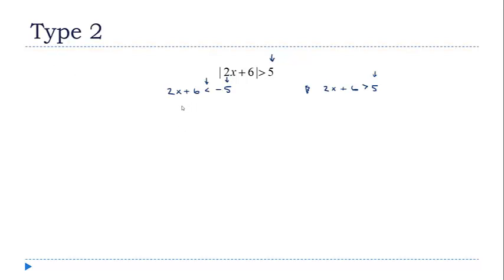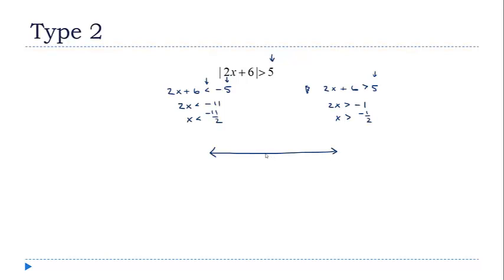Let's look at what happens. This is going to become 2x is less than negative 11. x is less than negative 11 halves. And over here I get 2x is greater than negative 1, or x is greater than negative 1 half. Let's think about what this looks like. Suppose I want to graph this.